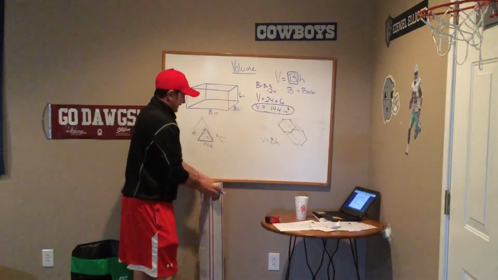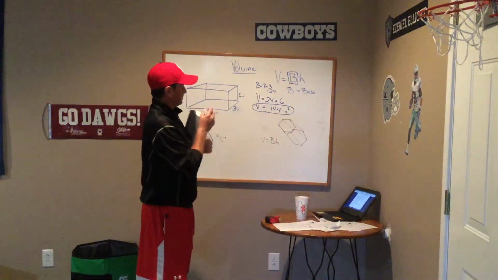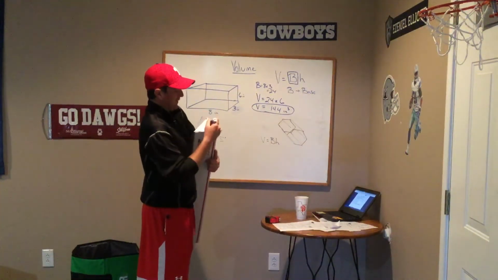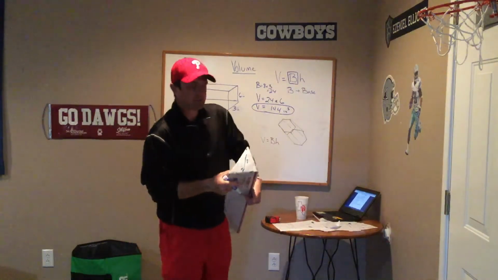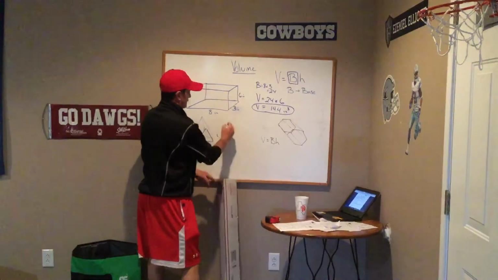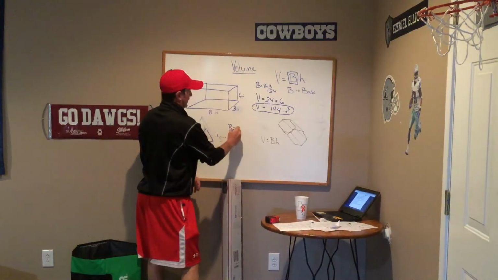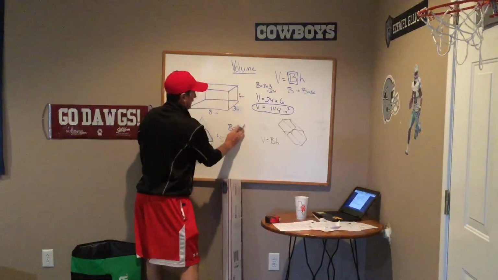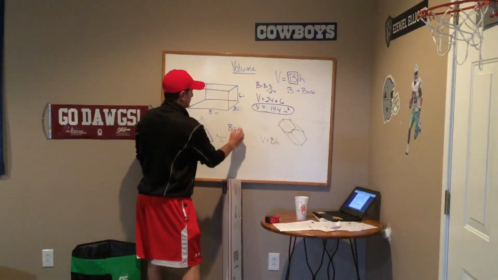So this is like, let's say, a 4 by 5, like this, that would be 20, but we'd have to do 20 times a half, so that would equal 10. The base would equal 10.